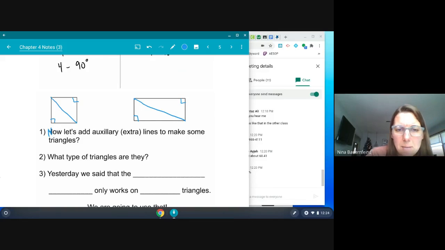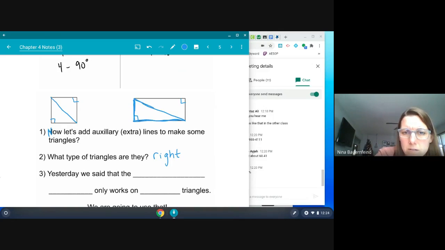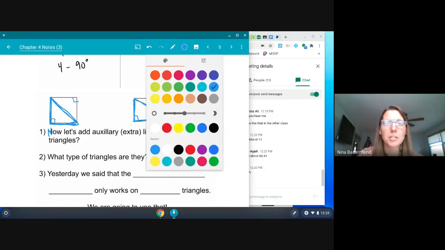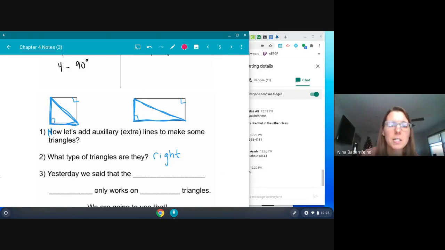So it says, what type of triangles are they? They are right triangles. Is everybody still with me so far? Great. So we've created these right triangles. And it's really just like the previous lesson.